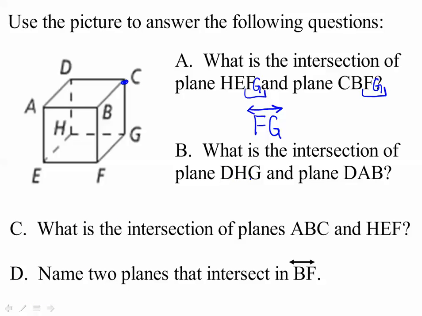We have plane DHG. So plane DHG looks like the back of the box, and it also includes C. Then we have plane DAB, so D, A, B, and that also includes C. That's the top of the box.